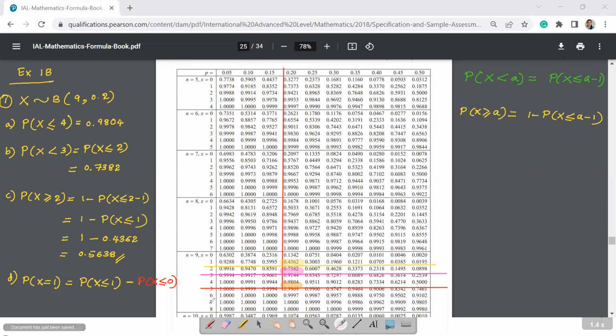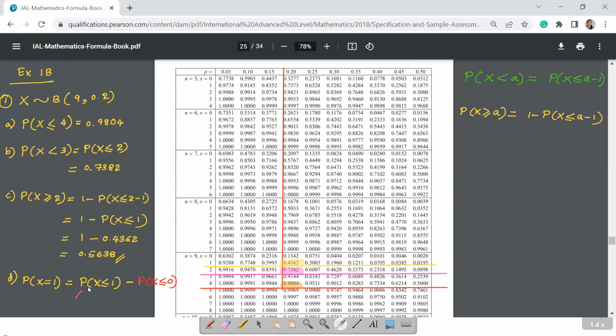Less than or equal to 0 only includes x is 0, right? So x is less than or equal to 1 includes x is 1 and x is 0.